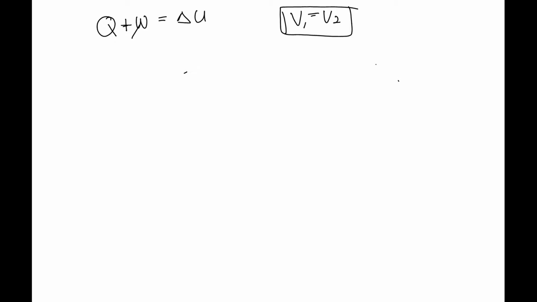As I told in class, when there is no volume displacement, it means W is equal to 0. And in this case, heat transfer is equal to the change of internal energy, which is U2 minus U1.